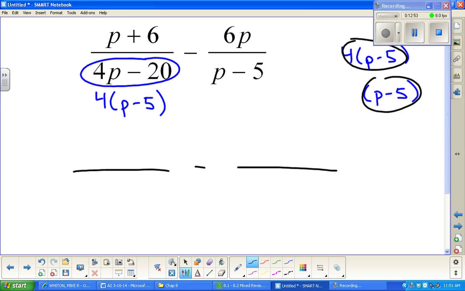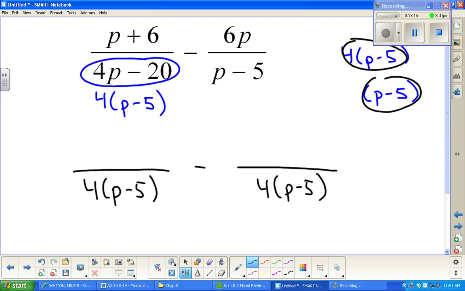So if we use this first one, the 4 and the p minus 5, that is going to be the least common multiple of our two denominators. We needed the factor of 4. We needed the factor of p minus 5. I didn't need another factor of p minus 5 because I already had it in the first one.